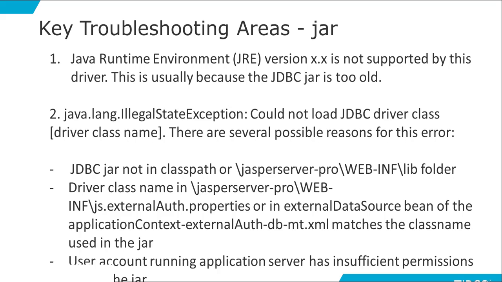And there are several possible reasons for the error, including the fact that the JDBC jar file is not in the class path or in the lib folder of your Jasper Server web application.